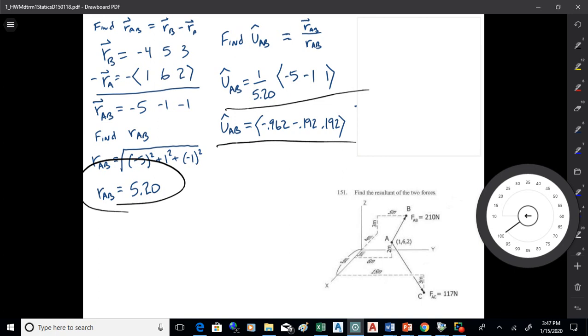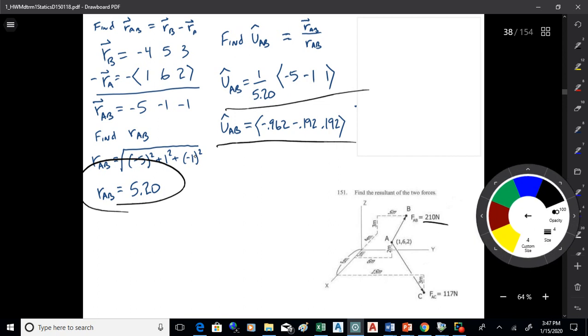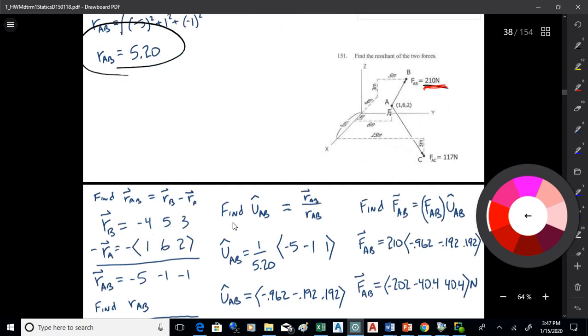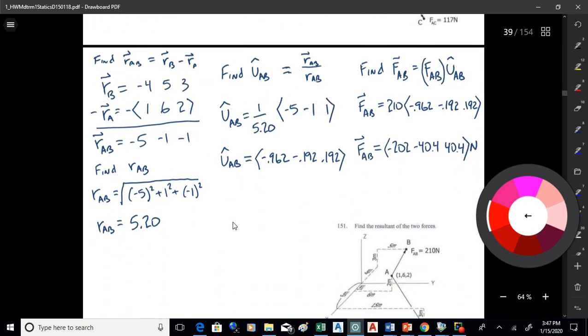So what you can do now is scale that up by the magnitude of the force, by the 210. Now you have the unit vector. What you do is multiply it through by 210. That will get you a force vector that has the proper proportions, so that it goes from A to B, but has a magnitude of 210.